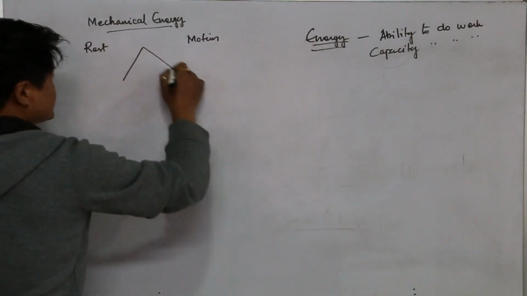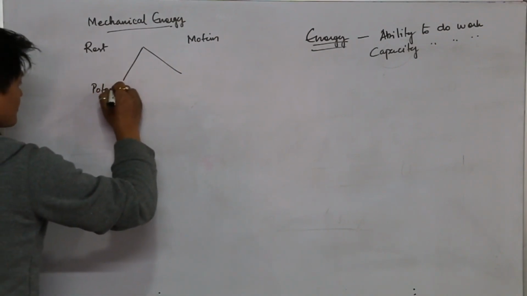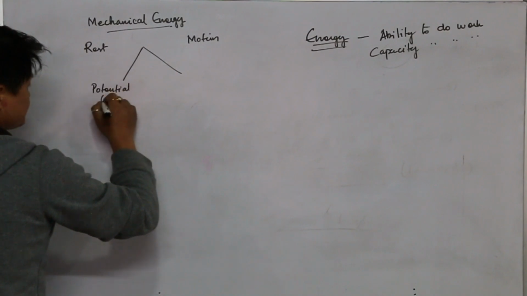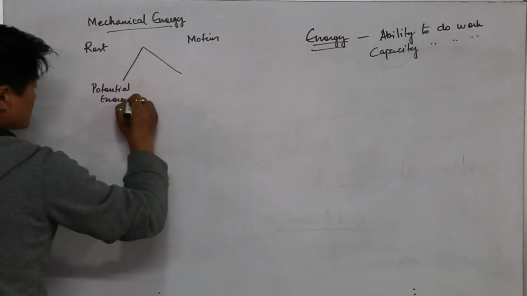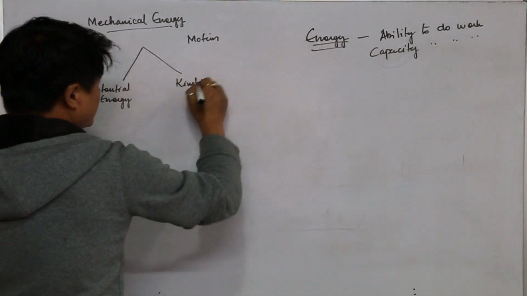and this is divided into two groups. One is your potential energy and the other one is your kinetic energy.